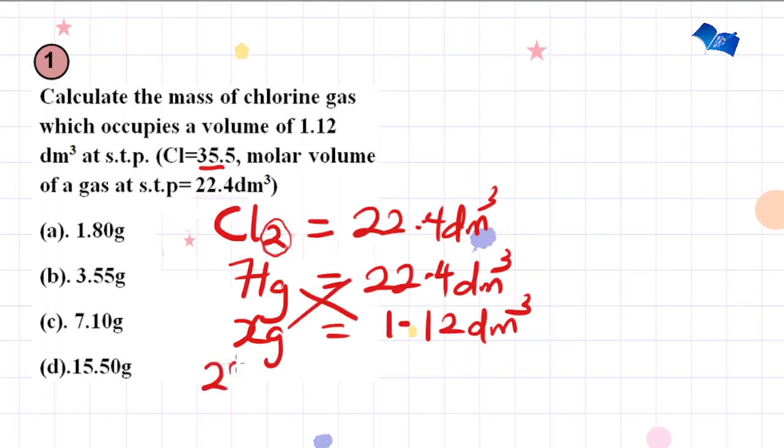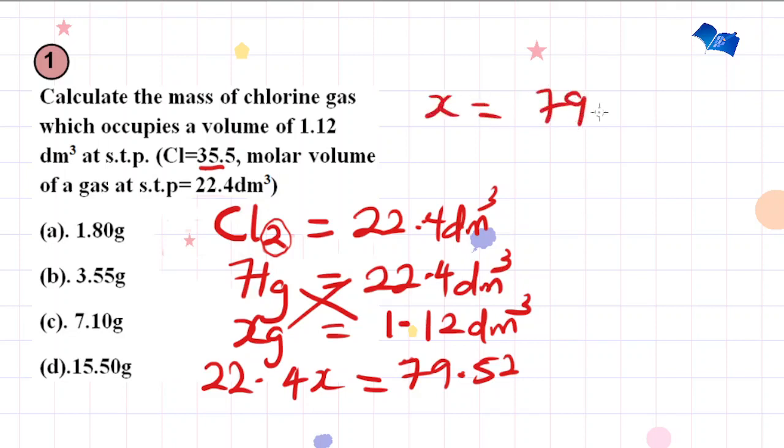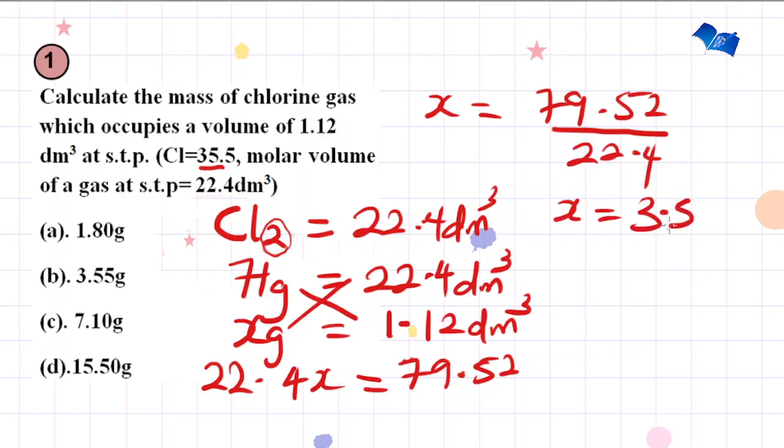We have that 22.4x is equal to, when you multiply 71 by 1.12 dm cube, you're going to have 79.52. So our x is simply 79.52 divided by 22.4. So x is 3.55 gram, and that gives us option B as the correct answer.